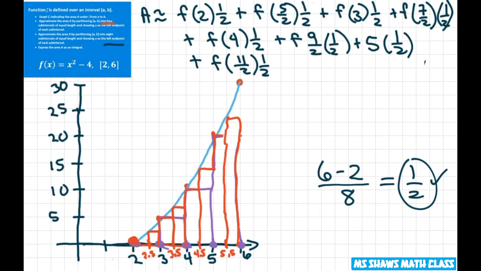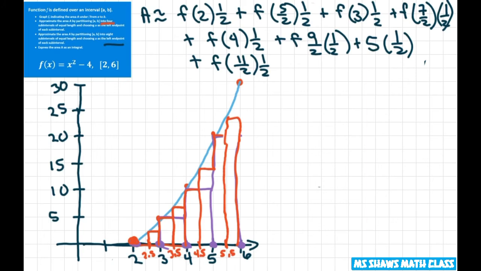Now, figuring all that out, this is going to be 0 times 1/2 plus 9/4. Let's just go ahead and pull out the 1/2 first. All of these have a 1/2 in it, so I'm just going to pull out the 1/2.